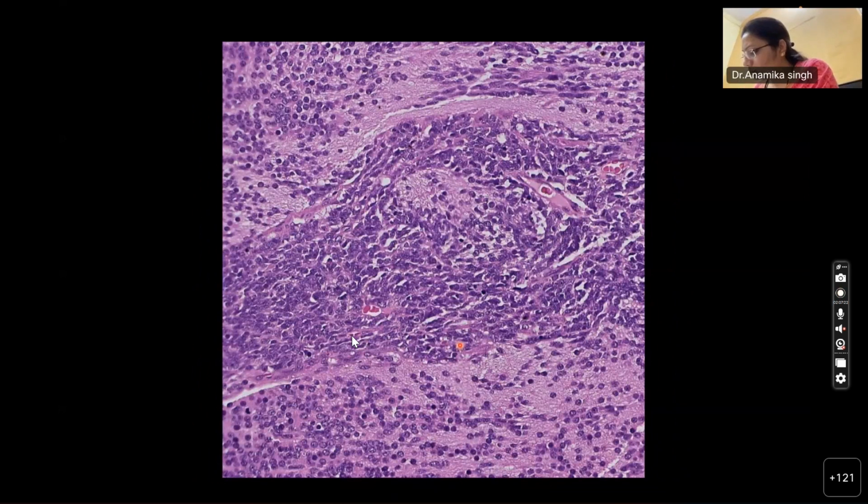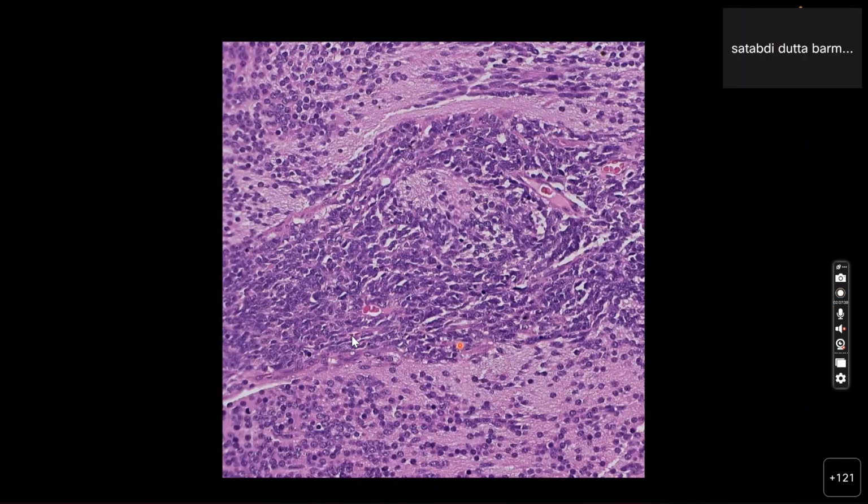So now you have a further high power view of these areas. Ma'am, in this picture, we see multiple hyperchromatic round to oval cells, mainly small blue tumor cells. Along with, we can see some mitotic activity.